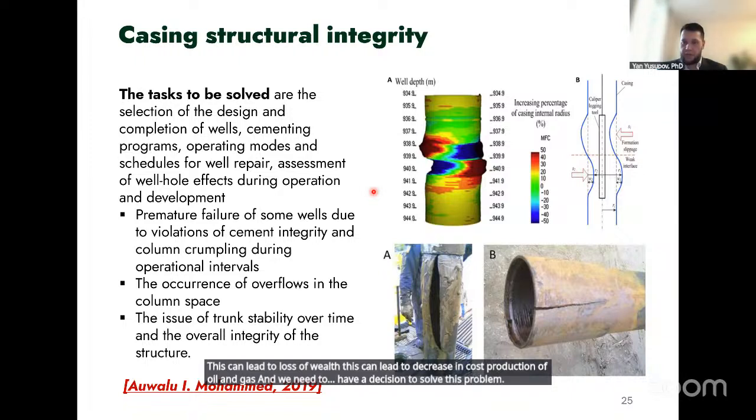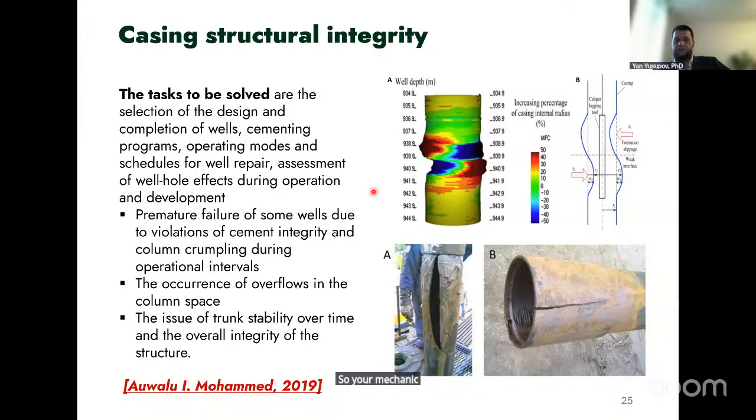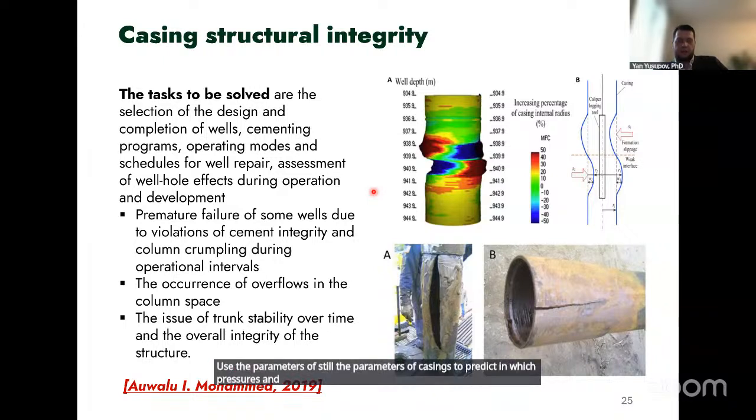So geomechanics, especially 3D and 4D geomechanics, can work with this problem. At the modeling stage, we need to use the parameters of steel and casings to predict at which pressures and stresses we can see structural damage of casings.